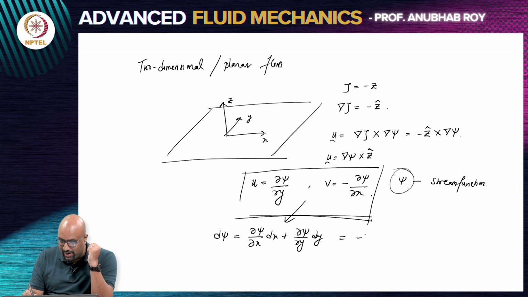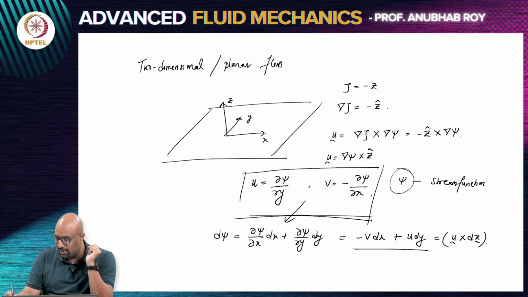So, dou psi dou x is minus v, giving minus v dx, and dou psi dou y is u, giving u dy. This is, if you remember, u cross dx, the vector or the line element, its z component.